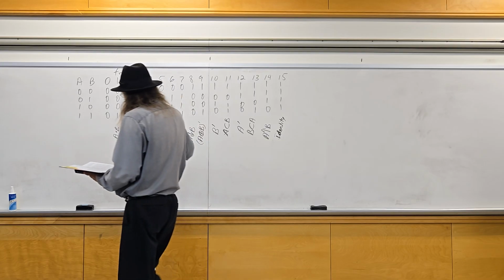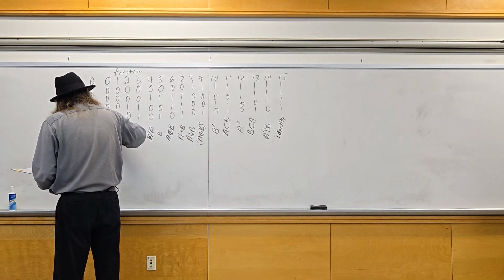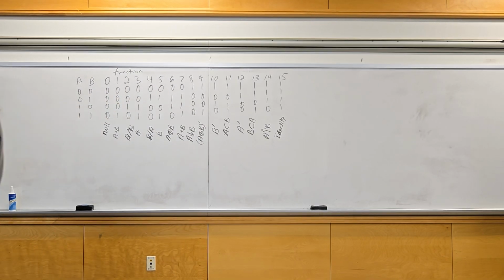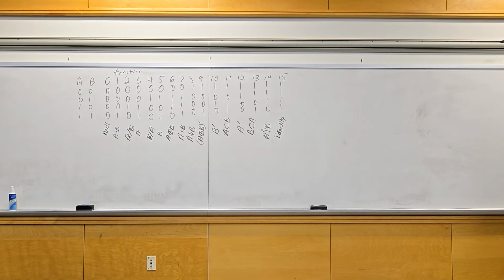And this is the null. Those are all the functions you can have with two variables. Adding a third variable would make it 2 to the 16th power, or 2 to the 6th power functions. Don't get into that, just deal with two functions at a time.